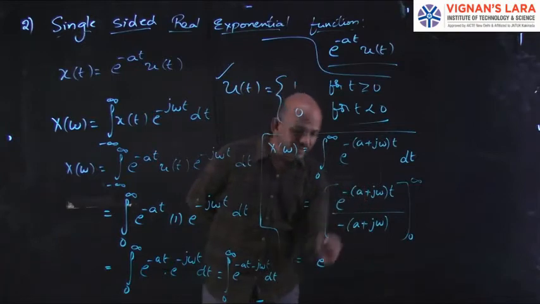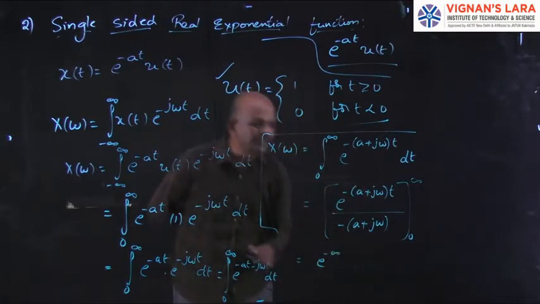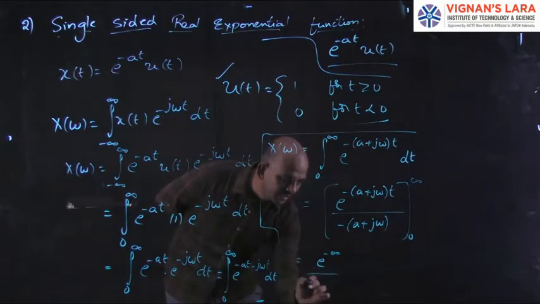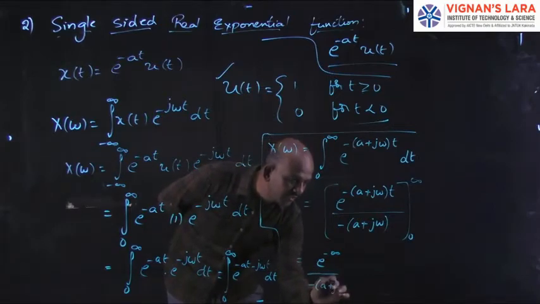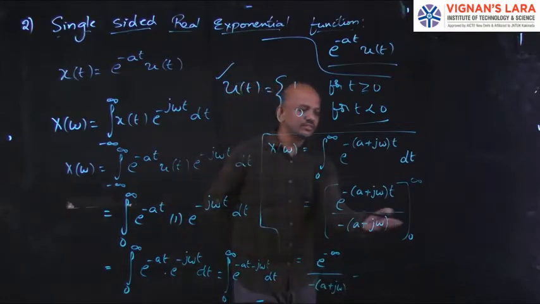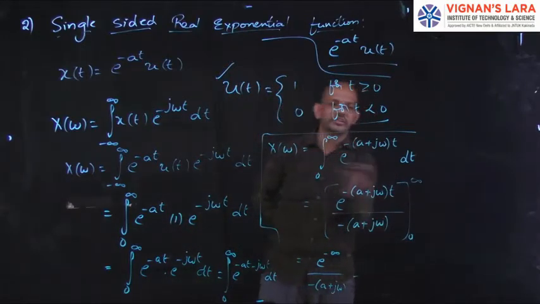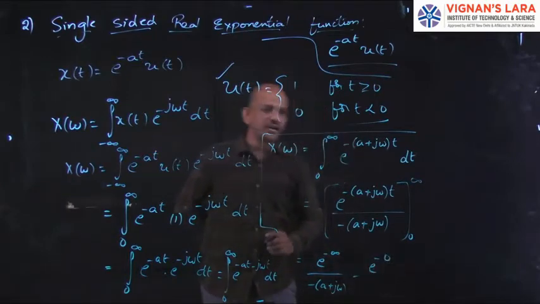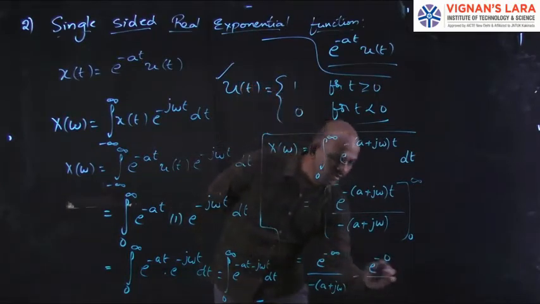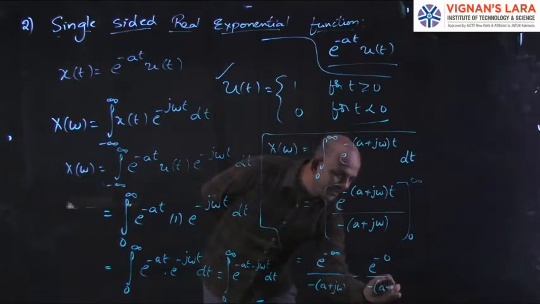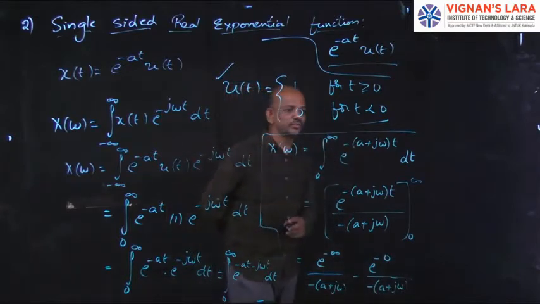So the value will be equal to e power minus infinity divided by minus of a plus j omega, minus, substitute 0. Zero into anything is 0, so simply you can write e power minus 0 divided by minus of a plus j omega.